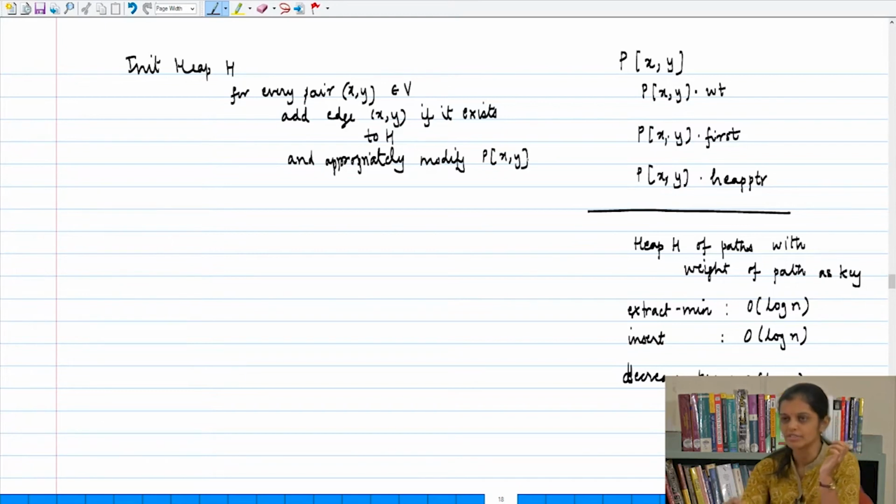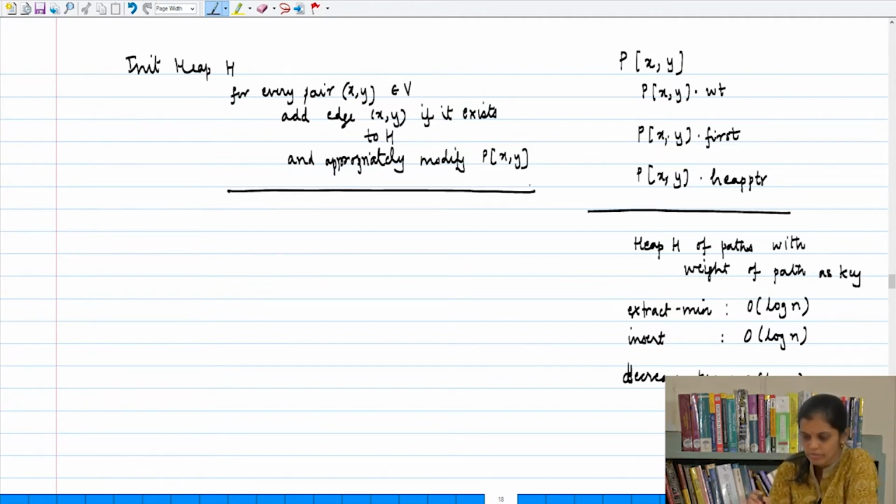I will not write each of these, but what does it say? For pxy, you have to change the weight and the first. The first is actually going to be y, because that is the next vertex on that path, and the heap pointer is appropriately initialized. So that is what we do for every pair xy.